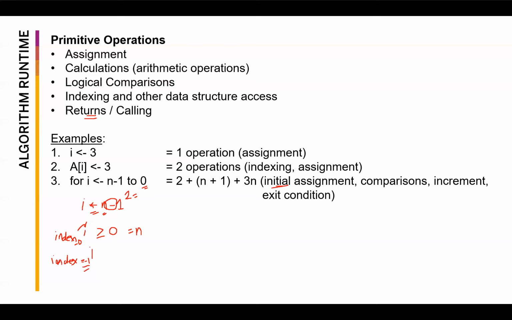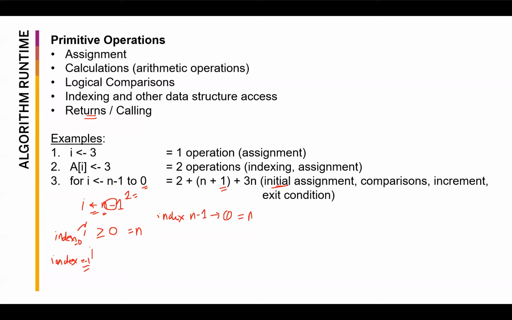So it will still perform comparisons from index equals n-1 to 0, but it will also perform a comparison at index equals -1. That's the additional one here on the comparison, so n plus 1. Let me repeat that. Why n? Because we will walk through from index n-1 down to 0, so this has the length of n.